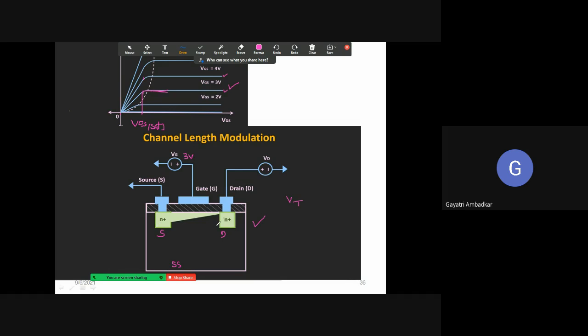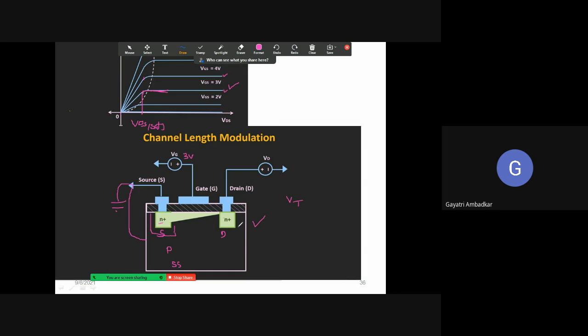You know there is a depletion layer. What is the depletion layer? The substrate is of P type and this is of N type, so between them there is a depletion layer. Source and substrate are at ground potential, but the drain is not at ground potential.